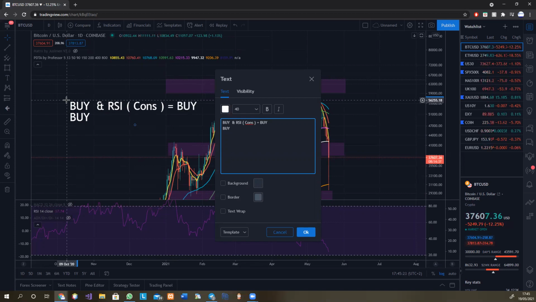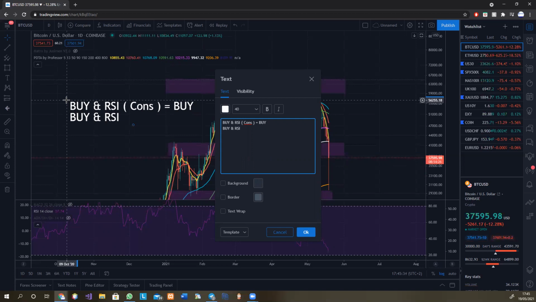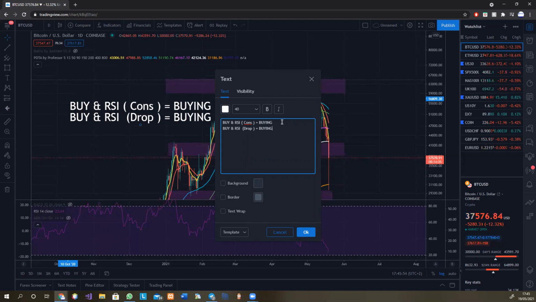If market is buying and the RSI is dropping, market is as well looking to buy. These are examples for a buy.